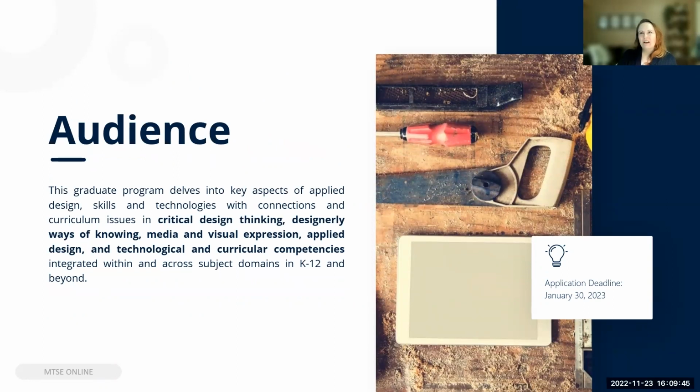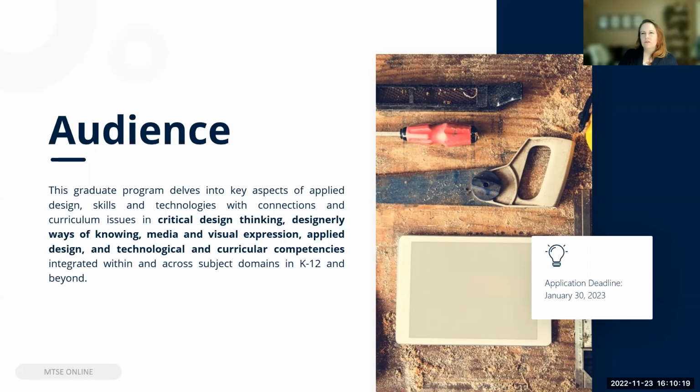The audience is really meant for those who want to study ADST and curricular issues, theoretical issues, perhaps thinking about research and technology around areas such as critical design thinking, designerly ways of knowing, media and visual expression, applied design, and technological and curricular competencies within and across subject domains in K-12.